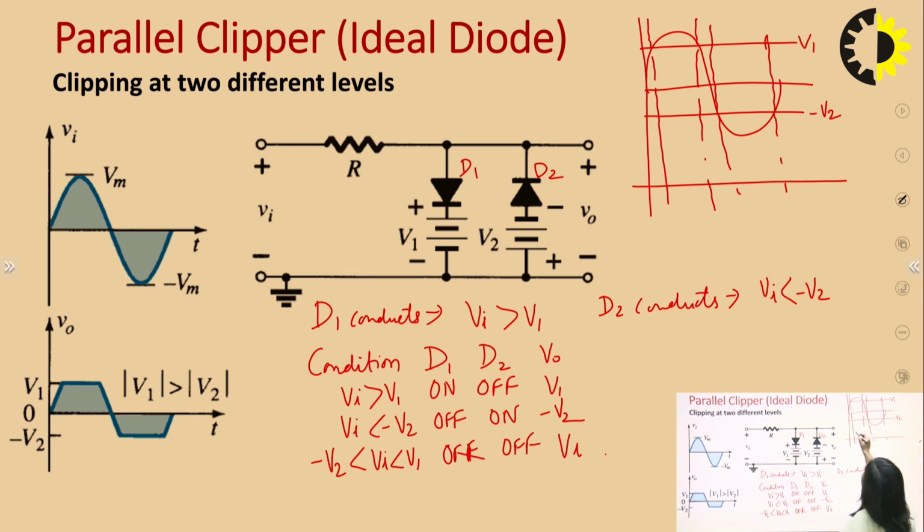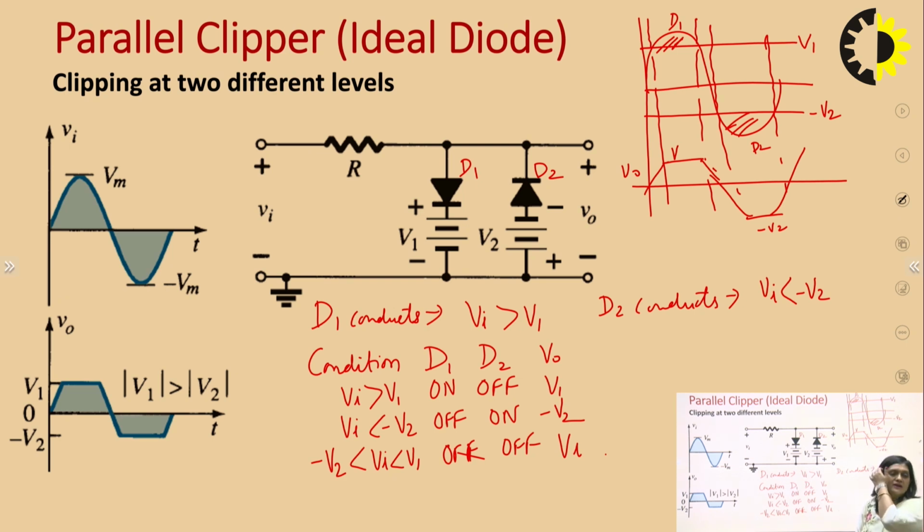Here we can see this is the conducting region for D1 diode, and this is the conducting region for D2 diode. Here the output is minus V2. This will be the output waveform for the combined clipper. The cases we have taken here are for ideal diodes.